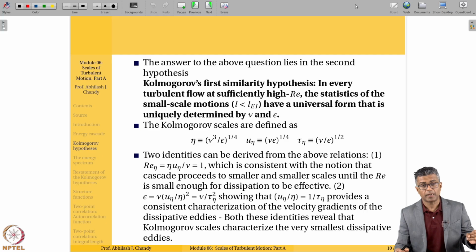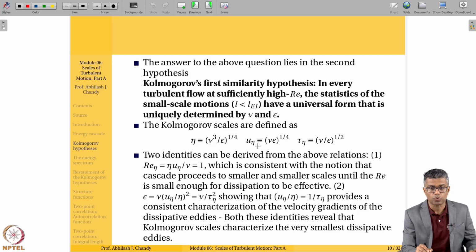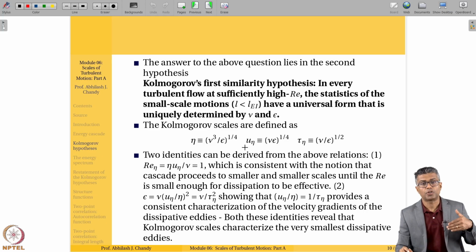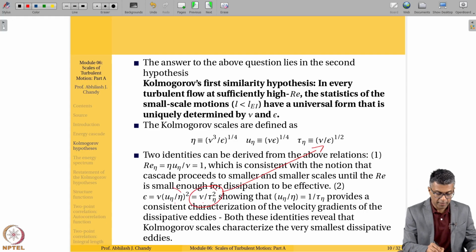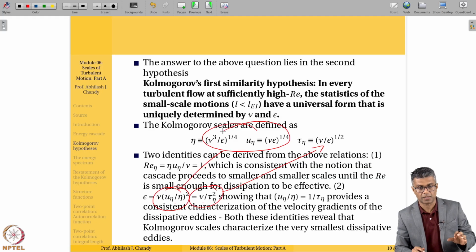Now that's one thing. The other thing is also, if you use these three equations to derive an equation for epsilon, you will see that epsilon is equal to nu times (u_eta over eta) squared, which is equal to nu over tau_eta squared. So this is coming from here, isn't it? And this part is coming from these two. We derived this last class.